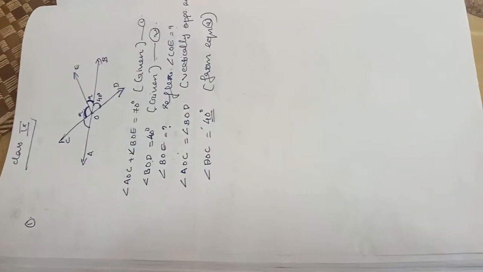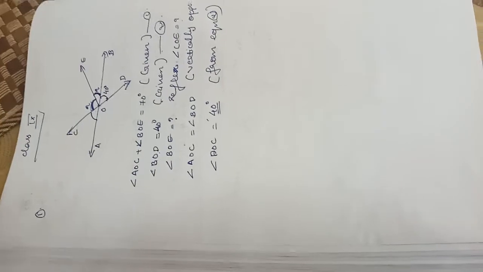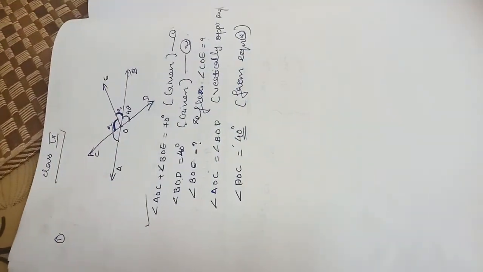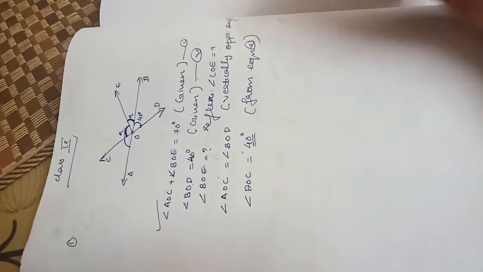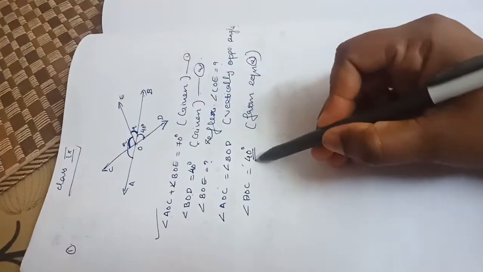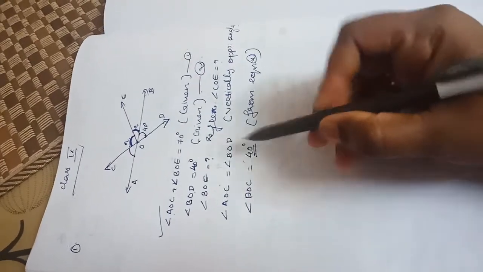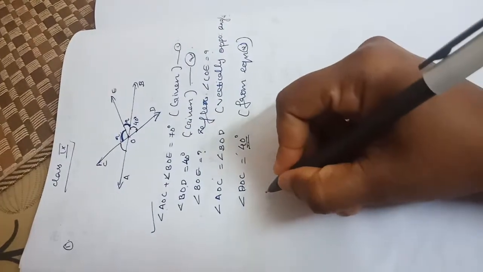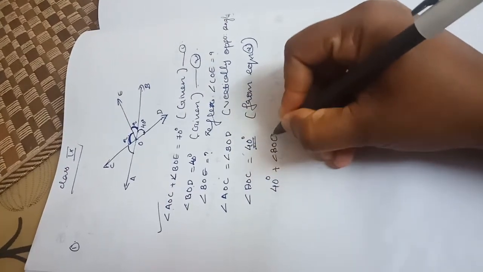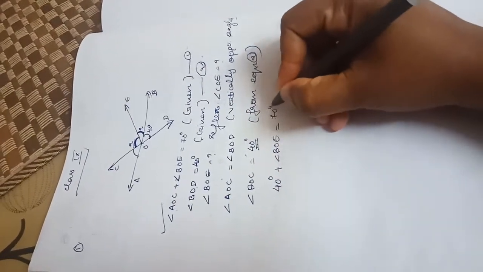Okay. Now we can write AOC. Already we have AOC plus BOE, so I am using equation number 1. AOC we have now found to be 40, so I am substituting this value. Instead of AOC I write 40 degrees plus angle BOE is equal to 70 degrees.